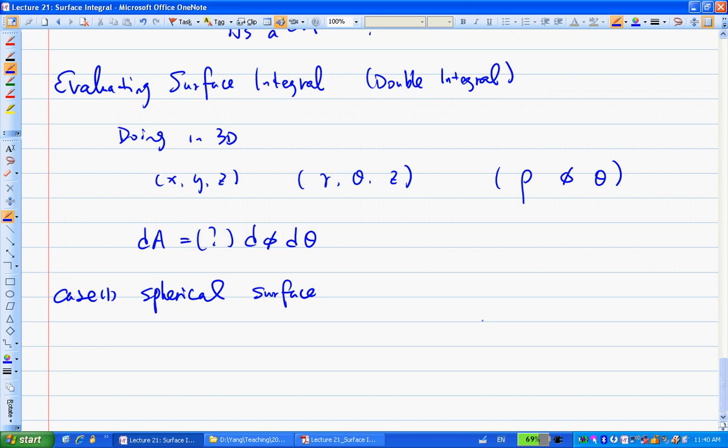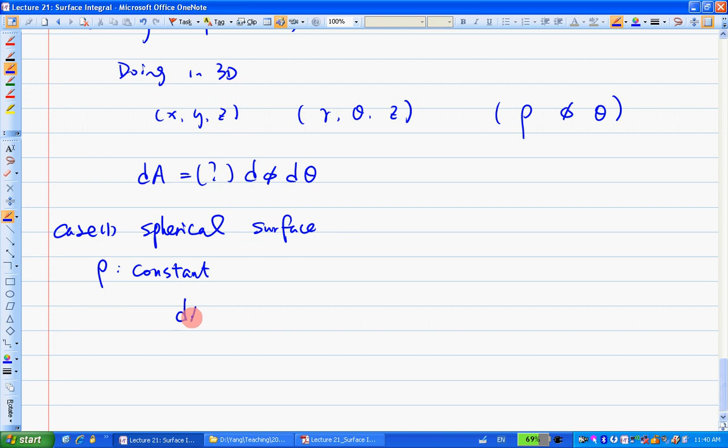In this particular case, rho would be a constant. And we're looking for what dA is equal to.